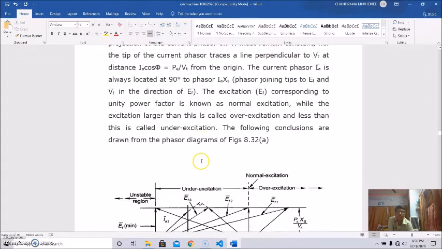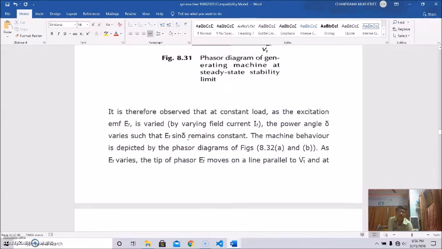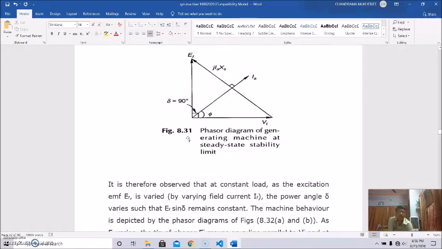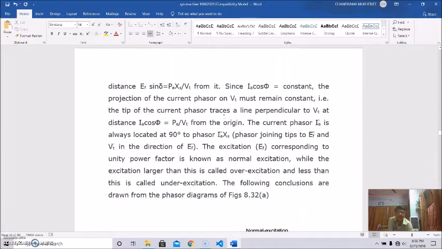What we find from this is that the current phasor Ia is always located at 90 degrees to the phasor joining the tips of EF and Vt, in the direction of EF. Actually, it is always 90 degrees.